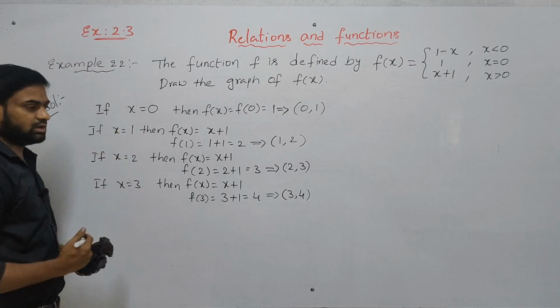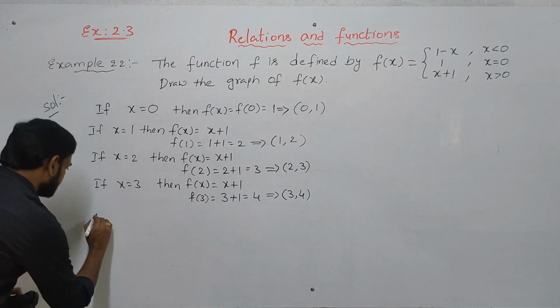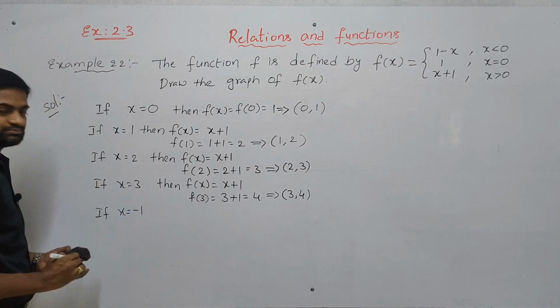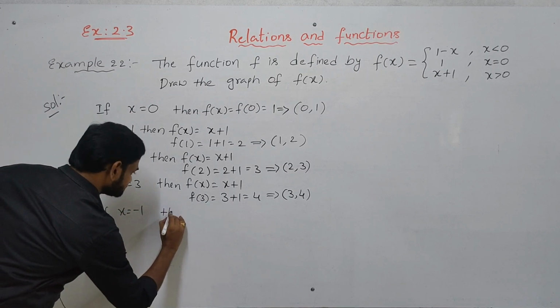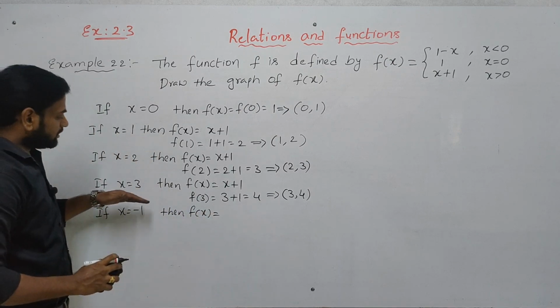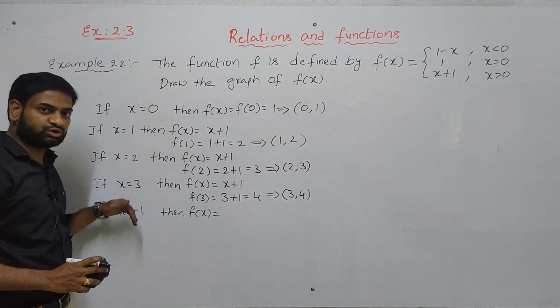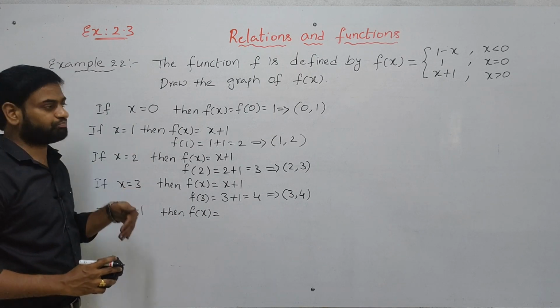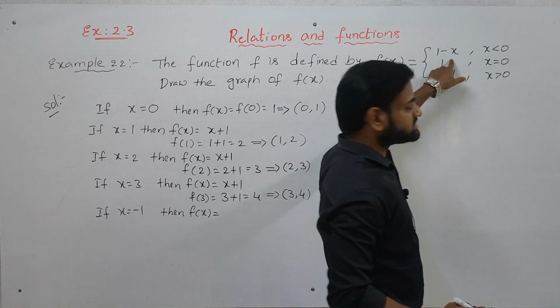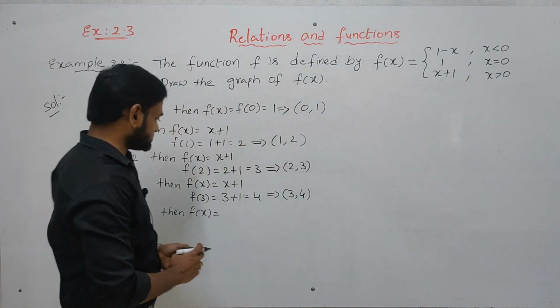Next, positive side 3 values enough. Next, take on negative side. That is, if x value is minus 1, then f of x equal to, now when x equal to minus 1, that is less than 0, when less than 0, the function is 1 minus x.